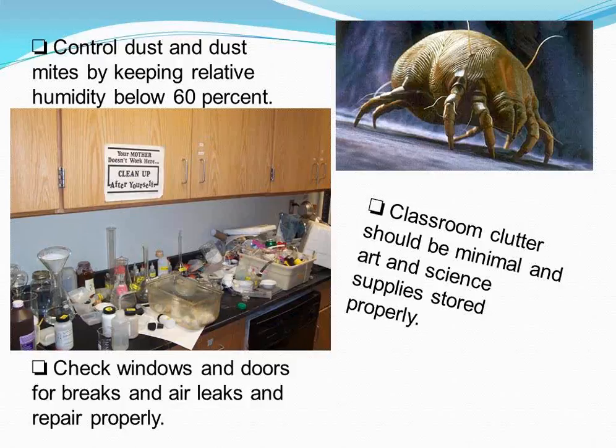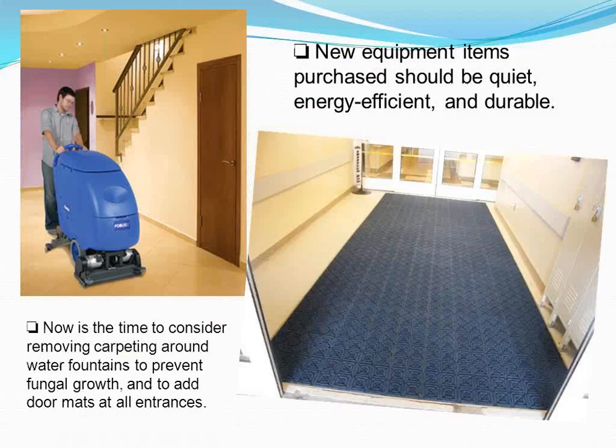Check windows and doors to get a feel for how the school is doing in terms of the air exchange rate. It's important that schools save money and protect the environment, but leaky doors and leaky windows are a big expense. It is. And so I think this is something that is worth looking at during the summertime as well.